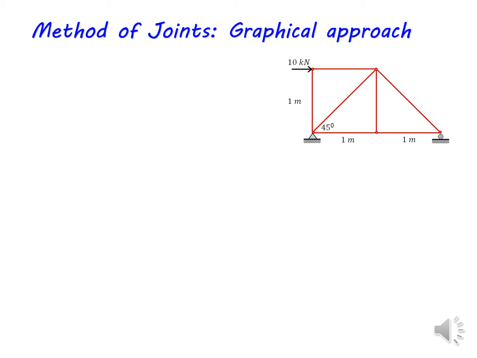Now what is the first thing we should do when analyzing any structure? As we learned before, we have to calculate the reaction forces first. So the first step of this method is also to calculate the reaction forces using the three static equilibrium equations.